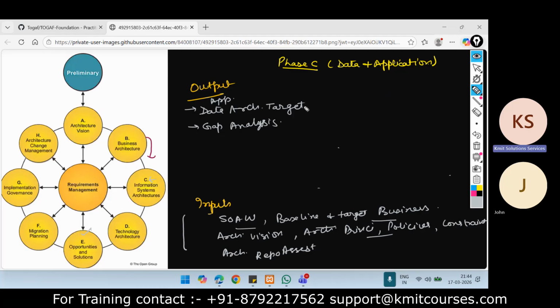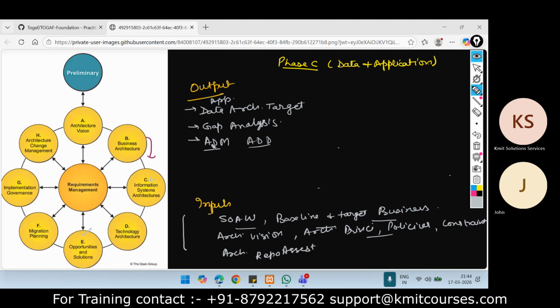Okay. Once you make those changes, you need to update the architecture definition document, ADD, where you need to update that one. So that will be the output of this phase.